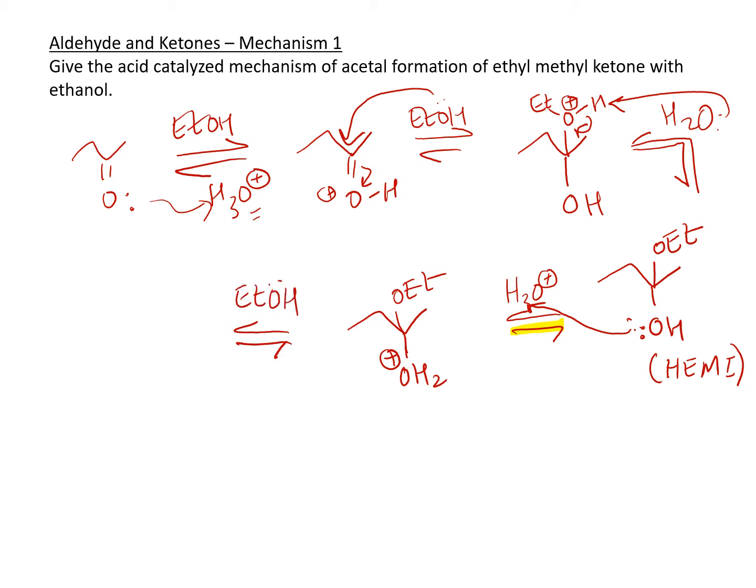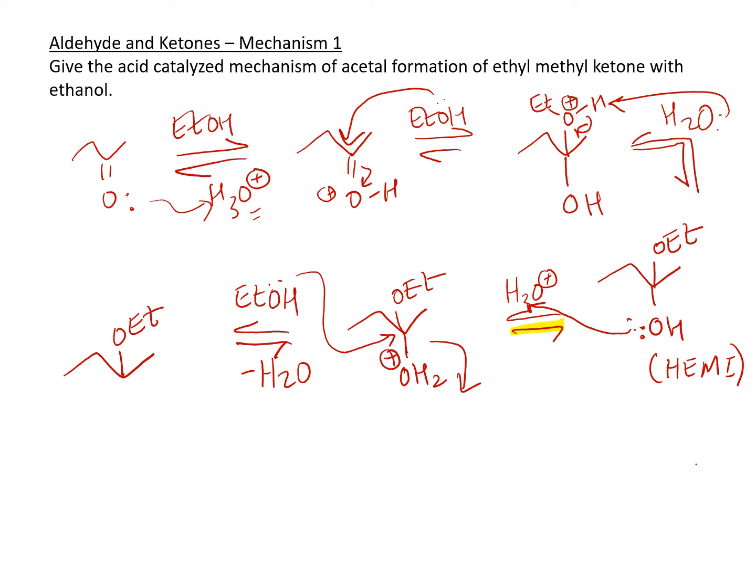Now this step that I'm going to write now is an SN2 mechanism, which means everything is happening at the same time. The ethanol is attacking at the same time that the water is leaving, so minus H2O. Don't form a carbocation. Forming a carbocation is very wrong in this mechanism.